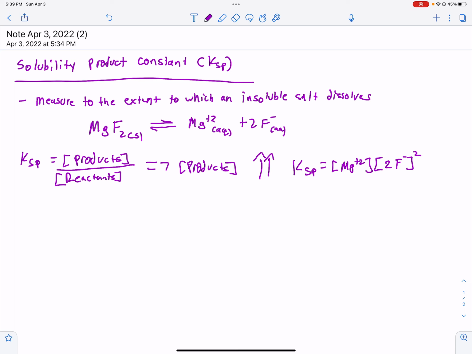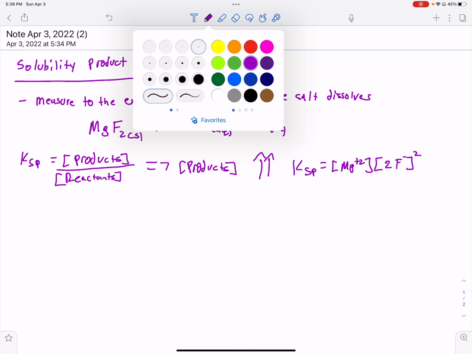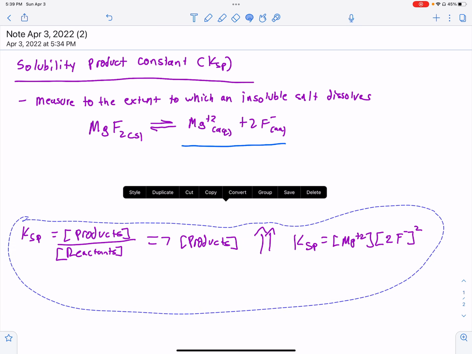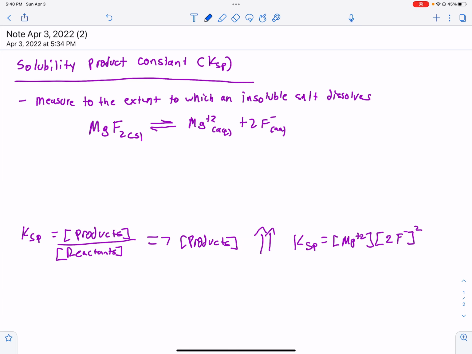The reason why I'm getting the 2 down here is because if I was to make an ice table for this, once again, you don't start off with solid, and I don't have any product here.